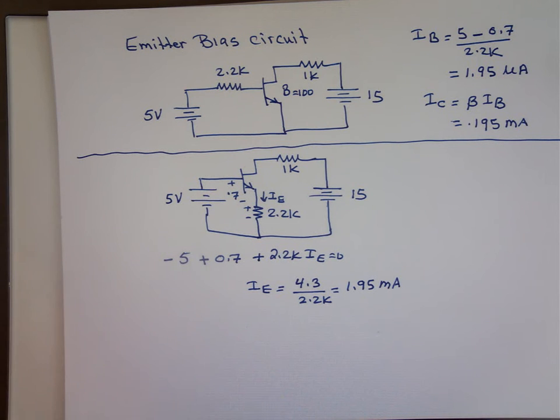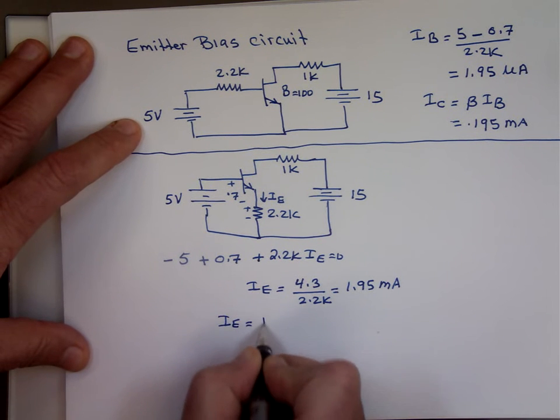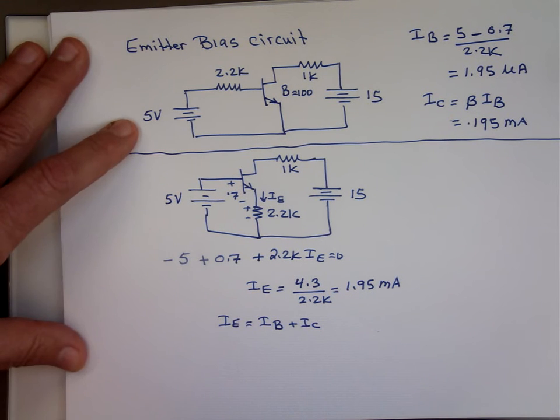Can we figure what I sub B and I sub C are now? We know I sub E equals I sub B plus I sub C. And what's I sub C? Beta times I sub B.